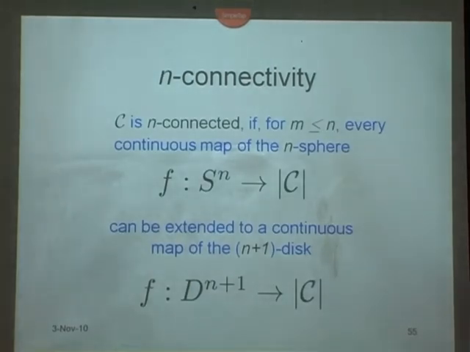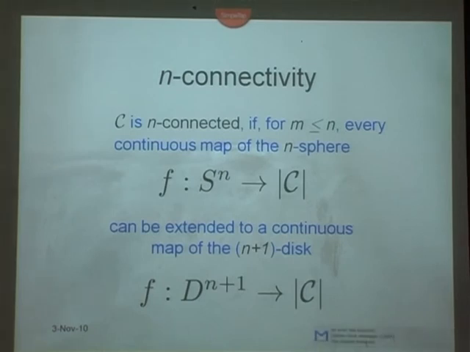So here's the actual definition. We'll say that a complex is n-connected if for every m less than or equal to n, any continuous map of the m-sphere, I'll explain this notation later on, into the complex can be extended to a map of the next higher dimension, the m+1 disk. That's just writing in letters the pictures that I showed you before.